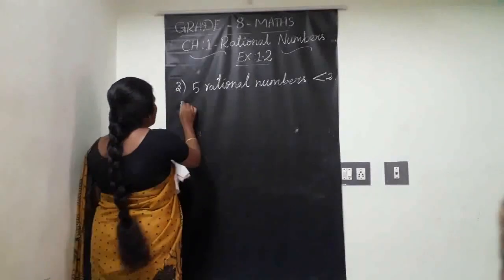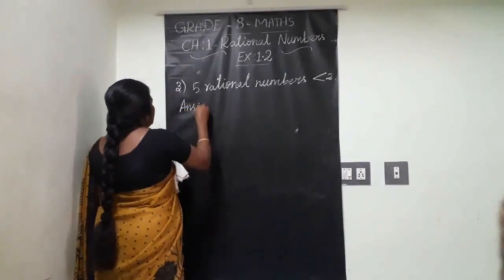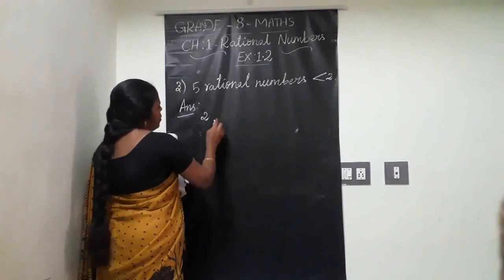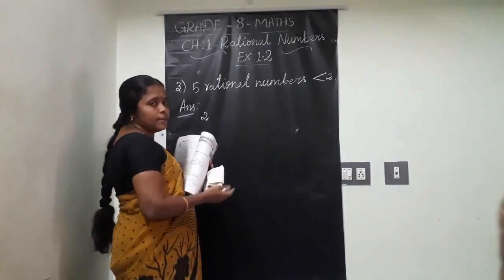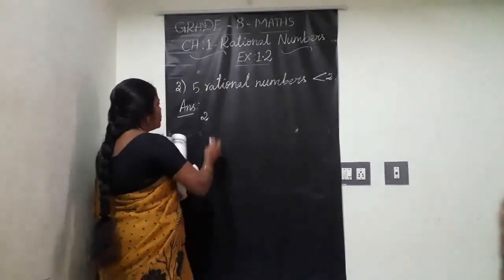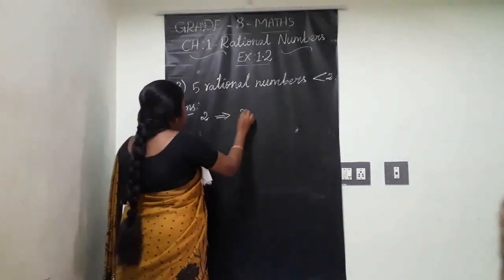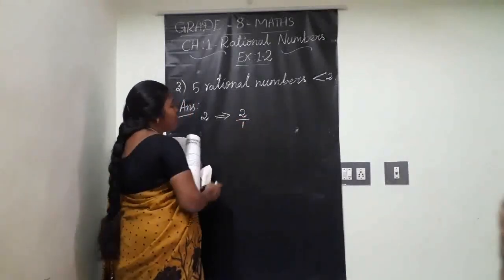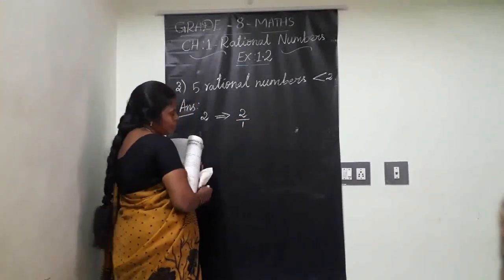So what to do? 2 is the whole number. Less than that, what comes? 1 you can tell, 0 you can tell. But 5 rationals they are asking, no. So what to do? That 2 can be written as 2 by 1. Clear? Now it is a positive rational number, no? Okay.